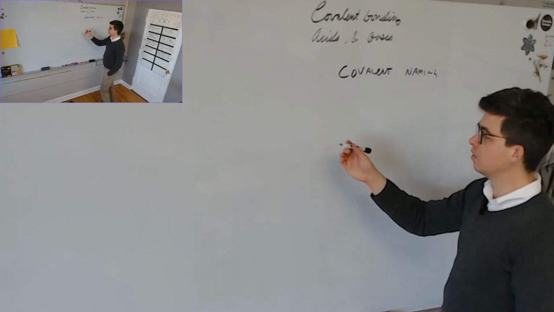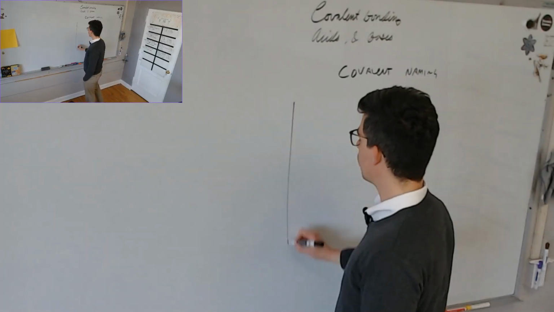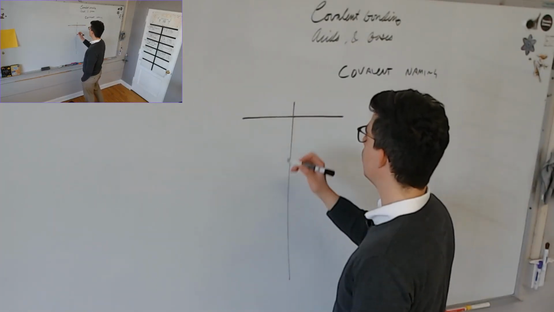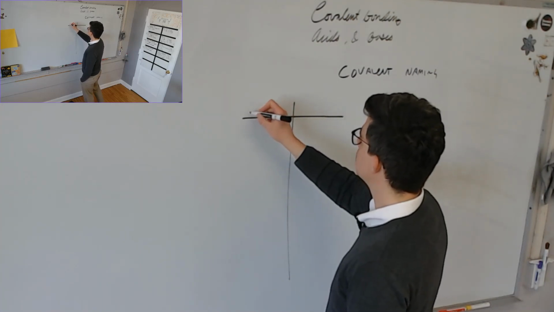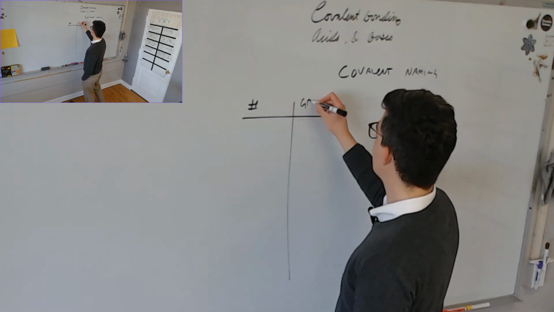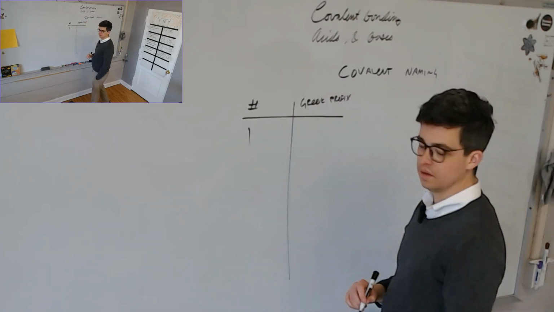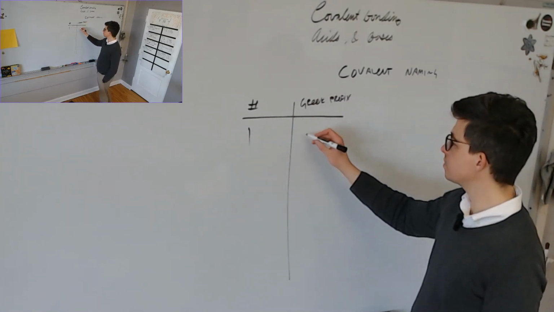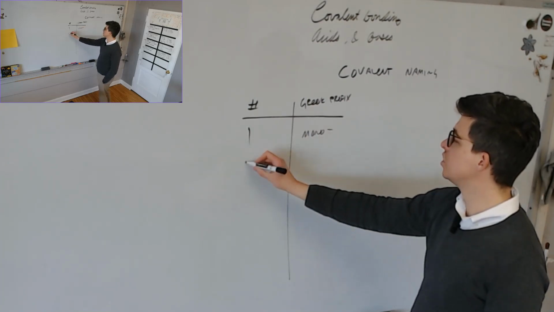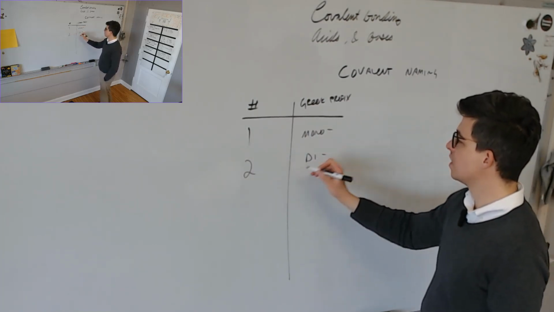The most important fundamental part of this that we need to know is the number and its Greek prefix. I'm going to make you tell me these. What's the Greek prefix for 1? Mono. 2. Di. 3.